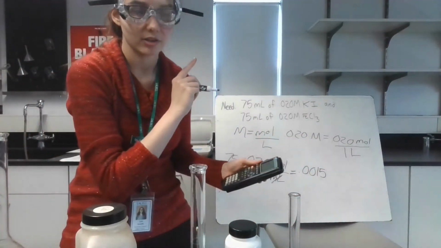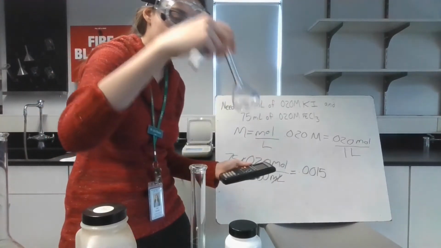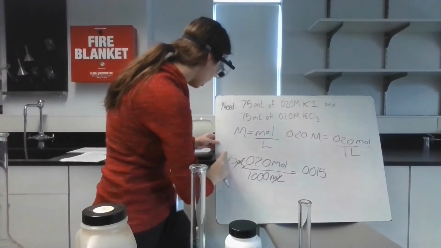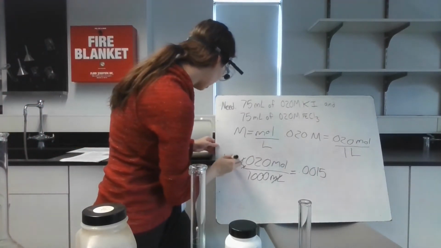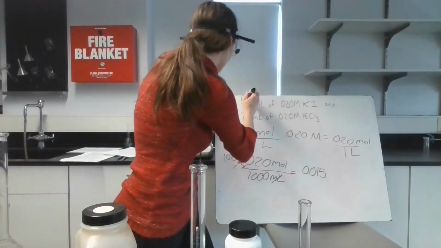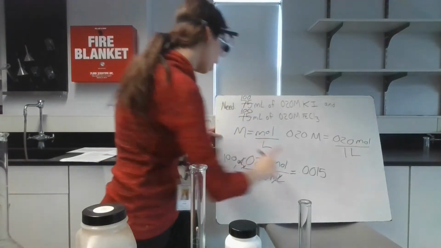Just kidding, I lied. It's not 75 because I'm making 100. So that's actually going to be 100. You know what, I will just cross this out at the beginning, because even though I only need 75, I'm making 100.